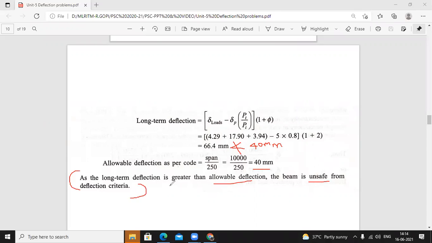Automatically the moment of inertia increases, then deflection decreases. That is the only way. Not only for prestressed concrete, for any beam, any material, if deflection fails, just increase the depth of the beam. Automatically the deflection will be reduced.